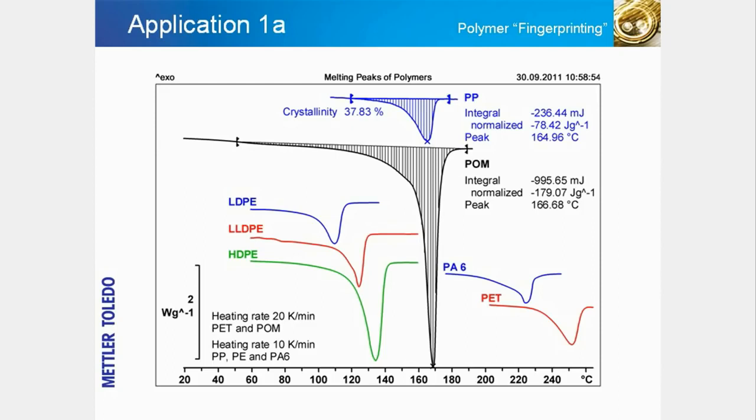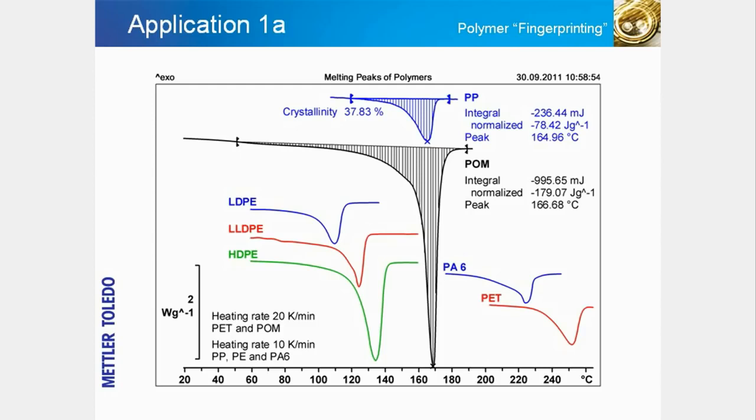The slide shows an example of polymer fingerprinting and identification. The different plastics shown in the diagram can be identified by measuring the temperatures at which they melt. The melting peaks of the polymers clearly differ in their size and position on the temperature axis.